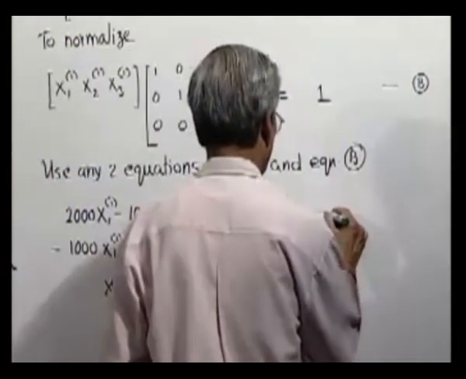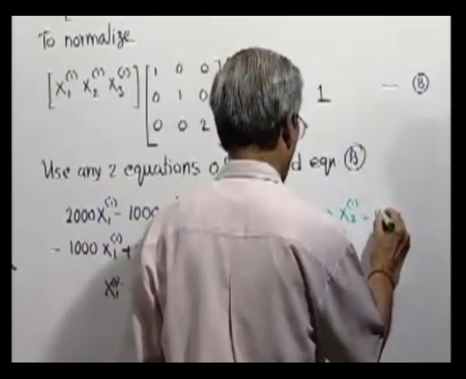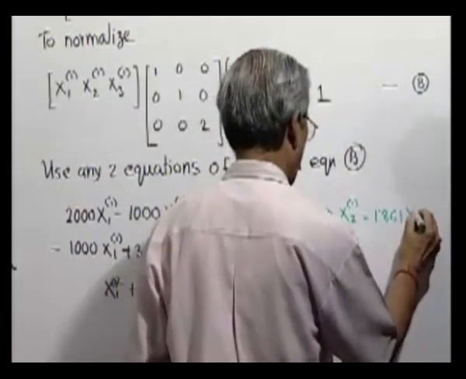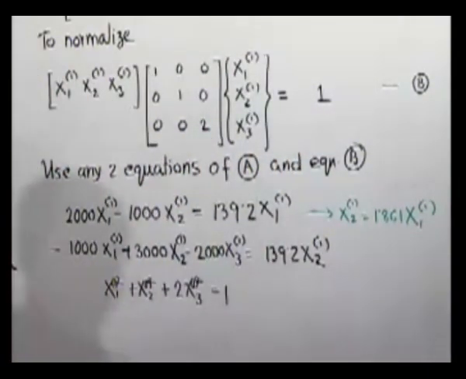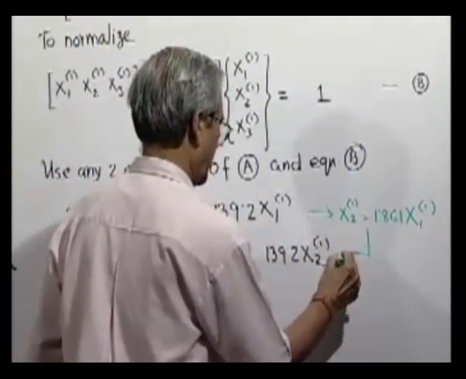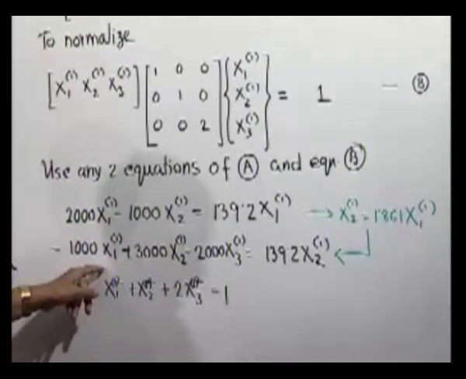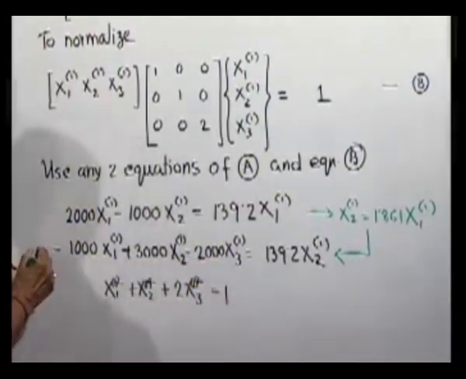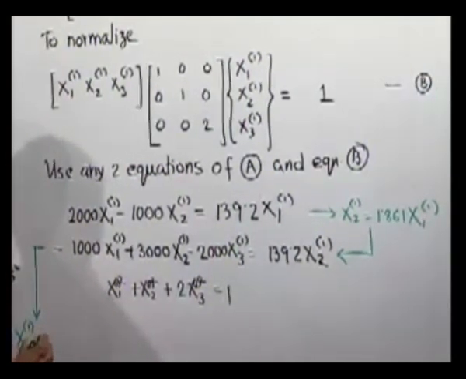So this will give us x2 1 equal to 1.861 x1. If we now use this here, x2 will be in terms of x1, and here this will give x3 in terms of x1.